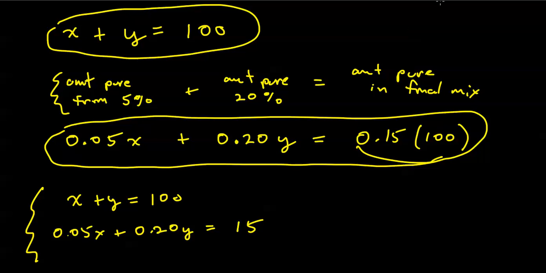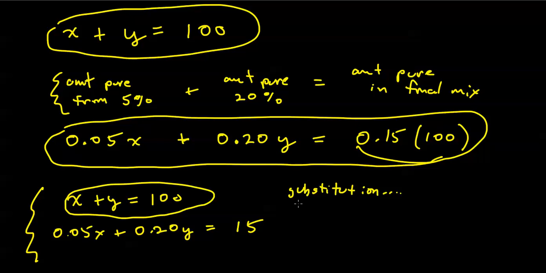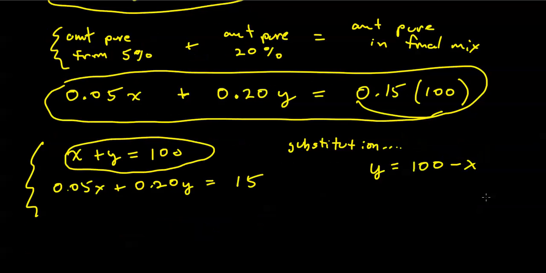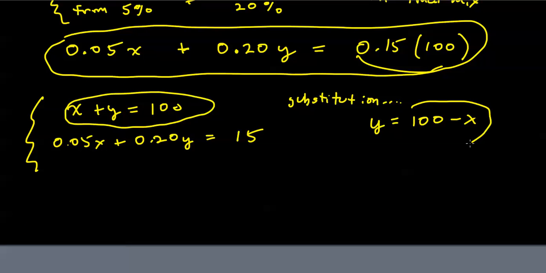I'm going to use a substitution method here, because I can easily take this first equation and solve for y. Y equals 100 minus x, does it not? And now I'm going to take that 100 minus x expression, substitute it in for y in this equation, and solve for x, right?